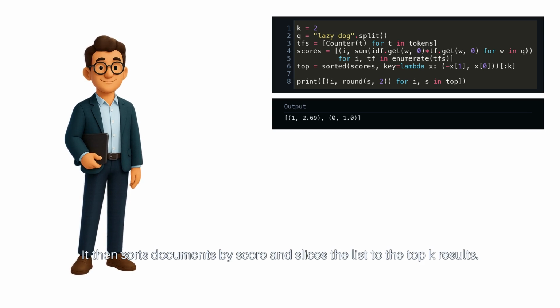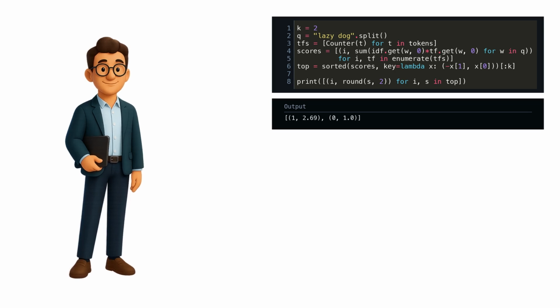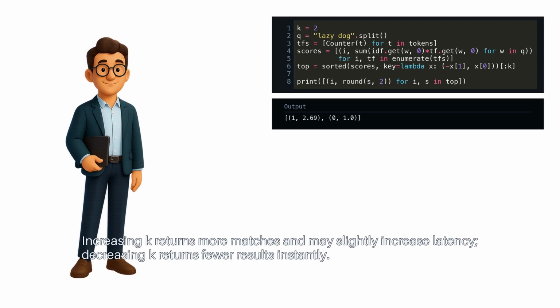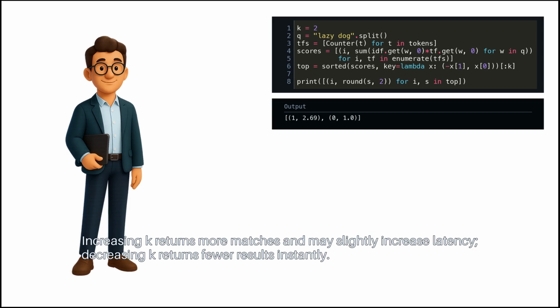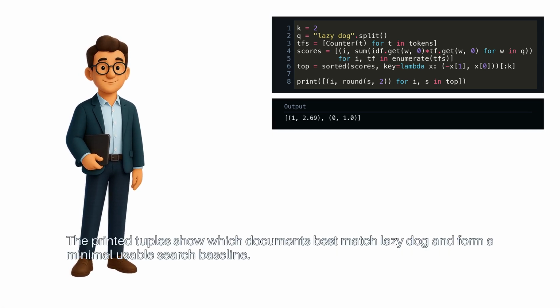It then sorts documents by score and slices the list to the top K results. Increasing K returns more matches and may slightly increase latency. Decreasing K returns fewer results instantly. The printed tuples show which documents best match lazy dog and form a minimal usable search baseline.